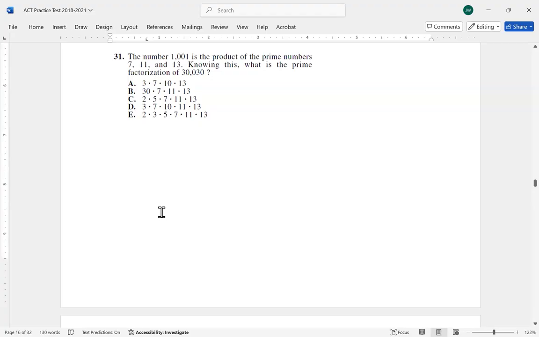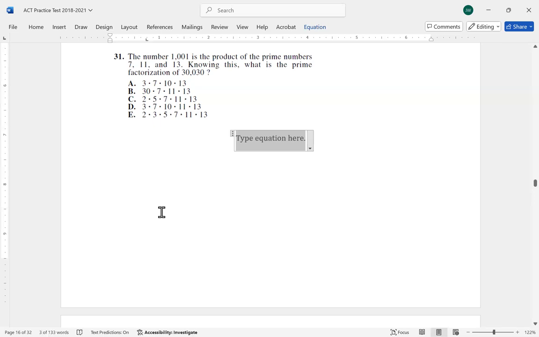Question 31. The number 1001 is the product of prime numbers 7, 11, and 13. Knowing this, what is the prime factorization of 30,030?